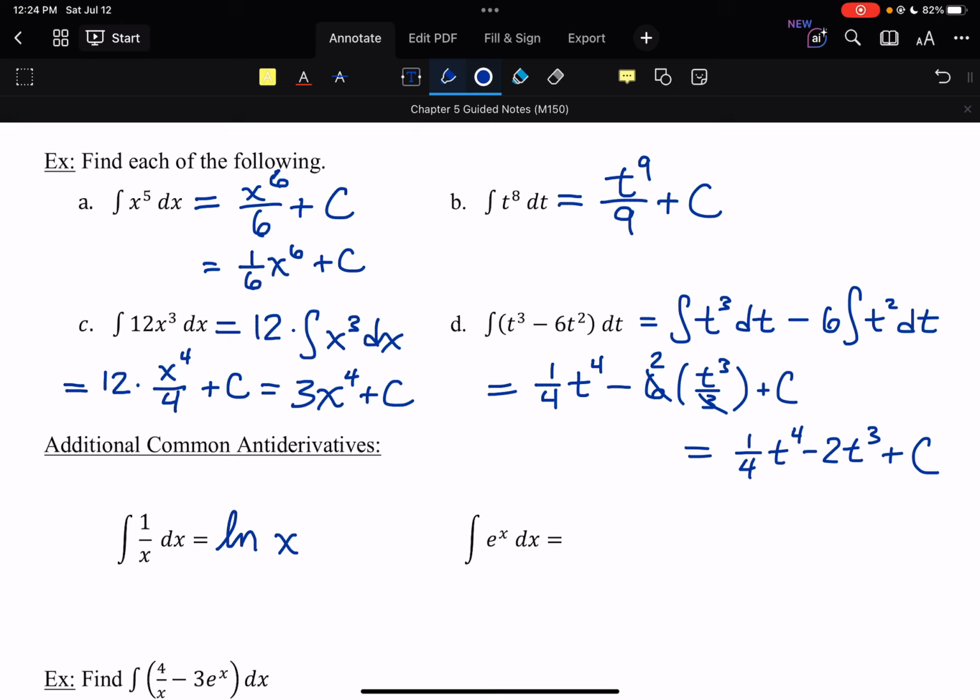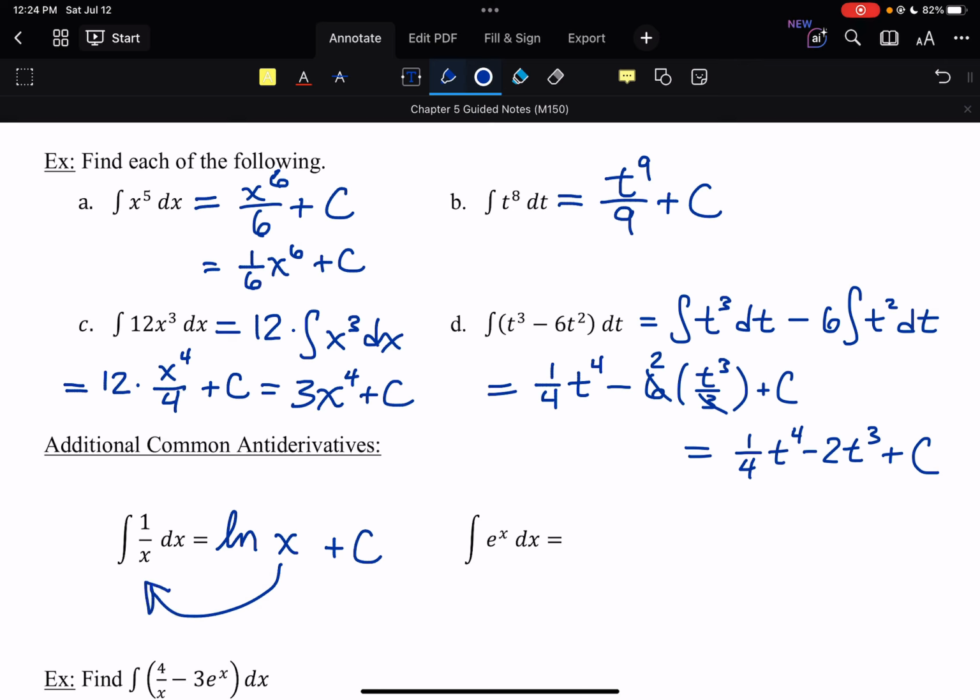But we have a little bit of a caveat. When we go backwards like this, we have the plus c still, but there's a level of uncertainty because when you start off with ln of x, the input here has to be positive. So when you take its derivative and go here, there's no issues.